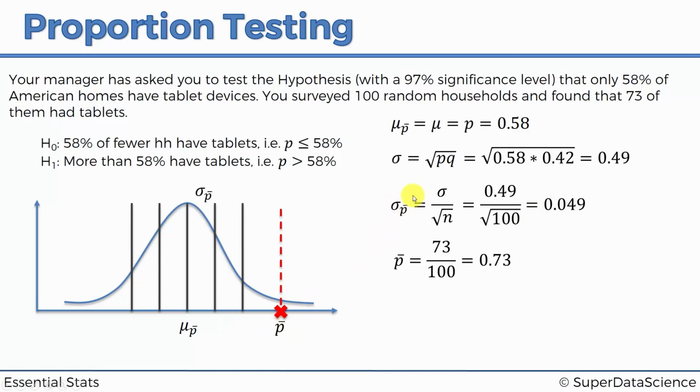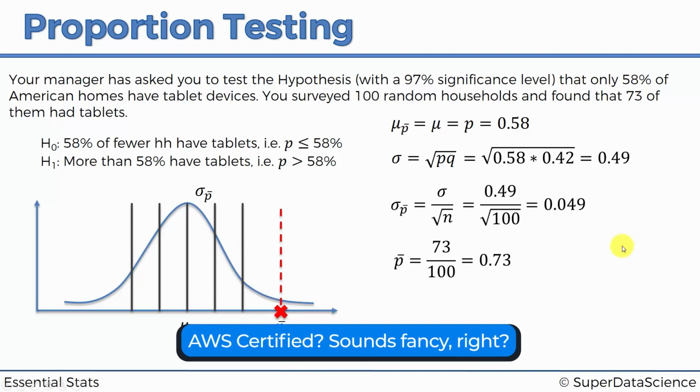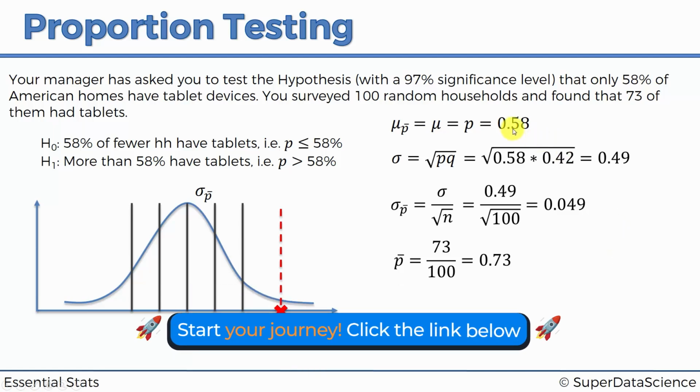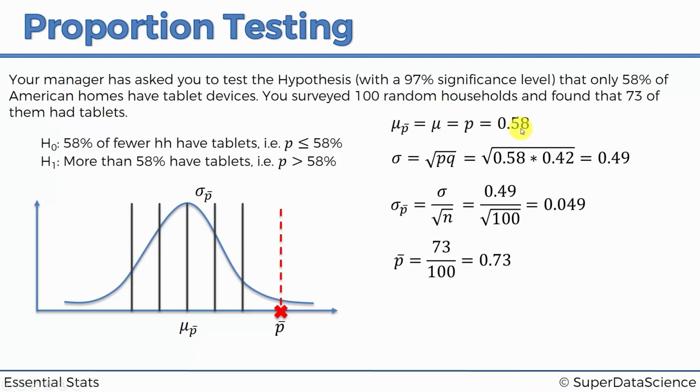We know that the standard deviation is about 0.049, so it's less than 0.05. And the question is, how many jumps of 0.05 will it take to get from here to here? From here, one jump will take us to about 62, let's say 63 in percentage terms. Another jump, another standard deviation, will take us to 68%, and another jump will take us to 73%.